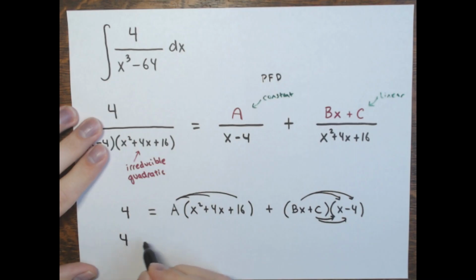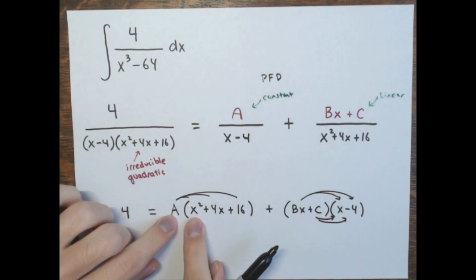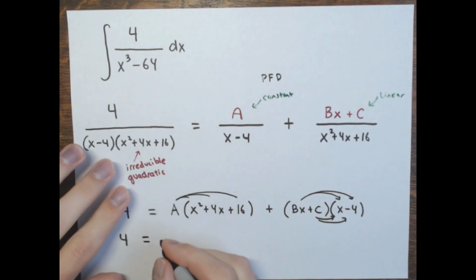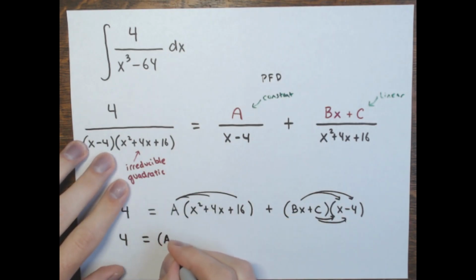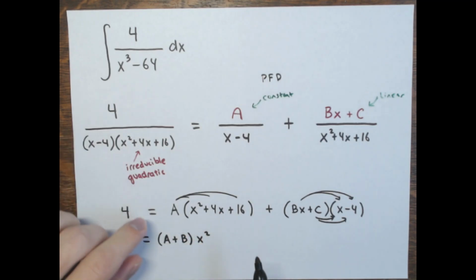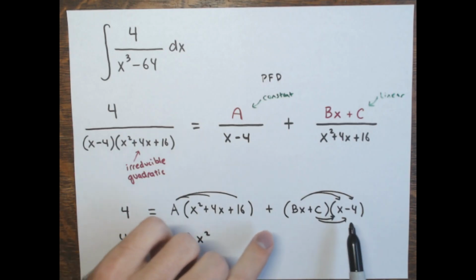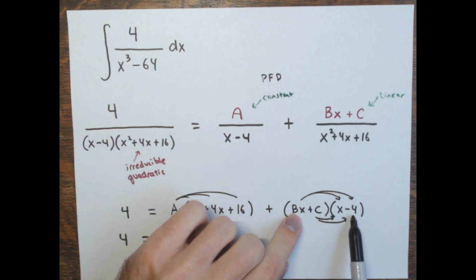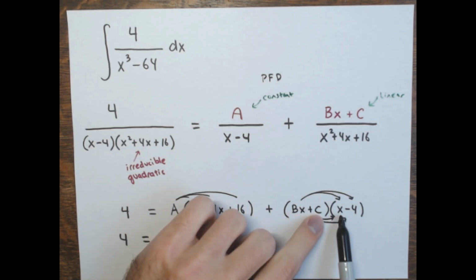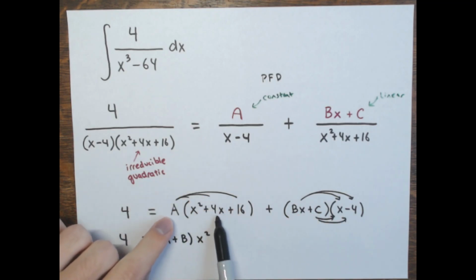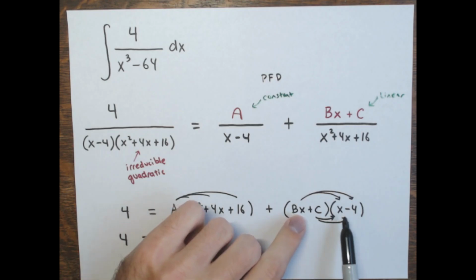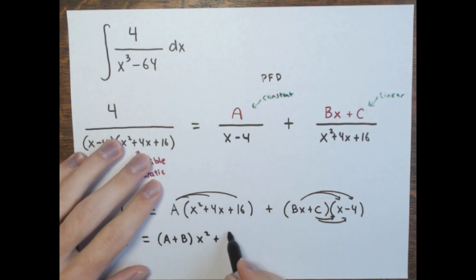So we have 4 on the left, and then the x squared terms on the right, you'd have Ax squared plus Bx squared. So A plus B times x squared. And then the x terms, you'd have 4Ax minus 4Bx plus Cx.